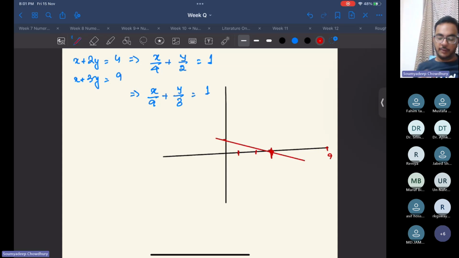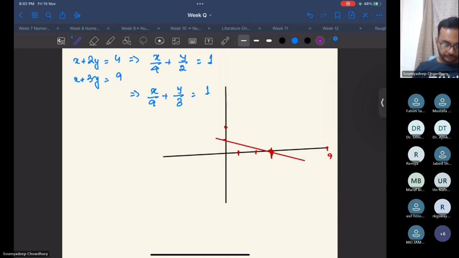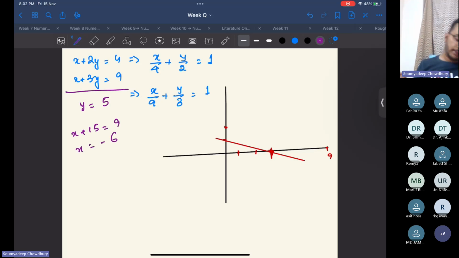So this is my line 1, and my line 2 is x by 9 plus y by 3, right? Here approximately it is 3. So if I try to solve these equations, y will be 5 and x plus 15 equals 9. X will be minus. So the intersection point is minus.